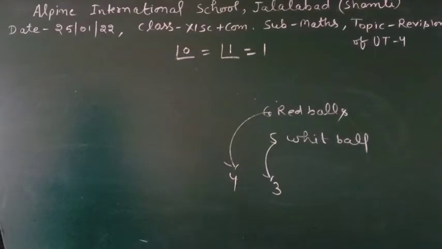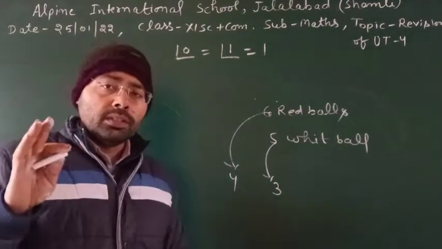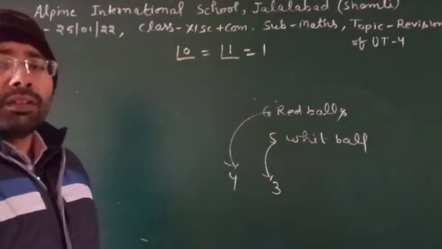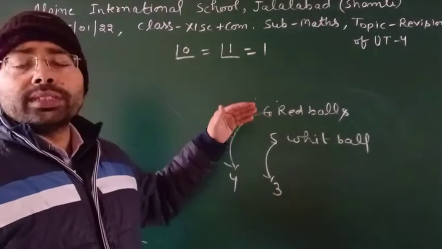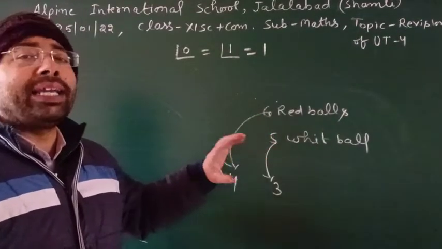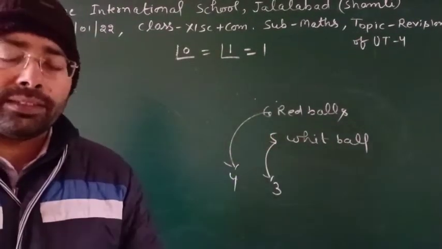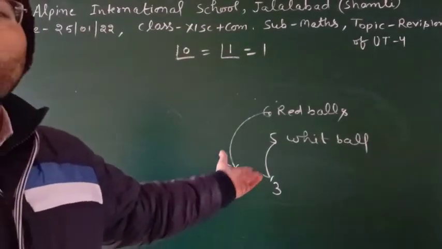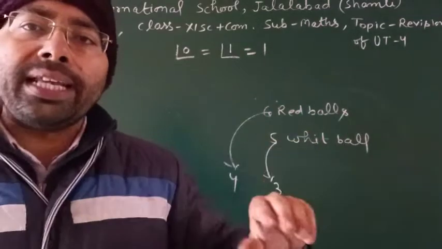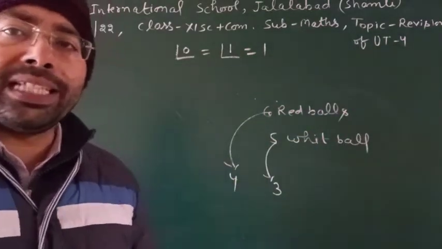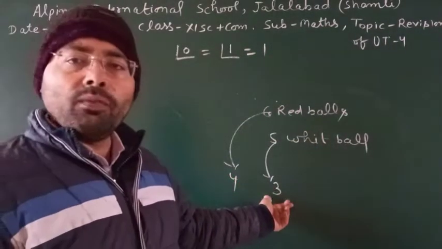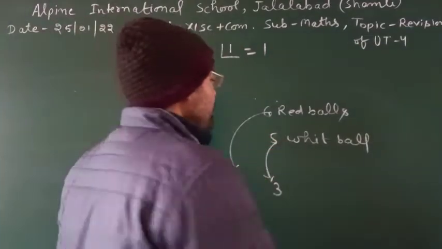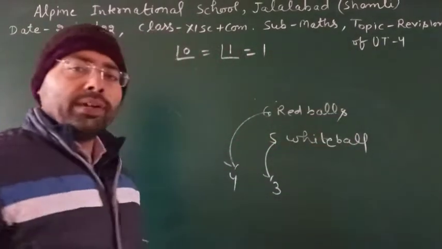So first of all, in this question we have two selection events which are independent of each other. The selection of 4 red balls out of 6 balls is totally independent from the selection of 3 white balls from the 5 white balls.